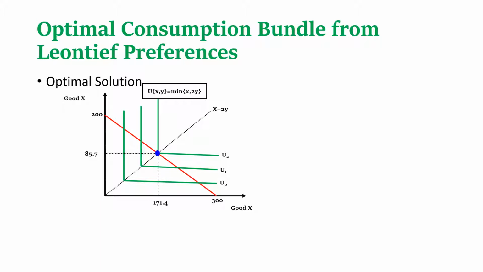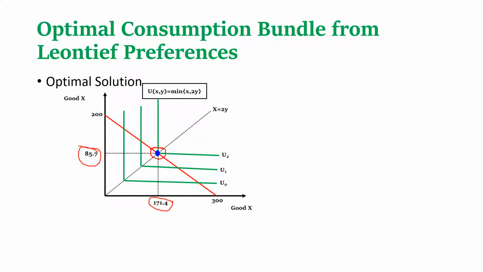So if we represent this here, we have good x as 171.4 and good y as 85.7. This whole region represents the optimal consumption bundle of the consumer.